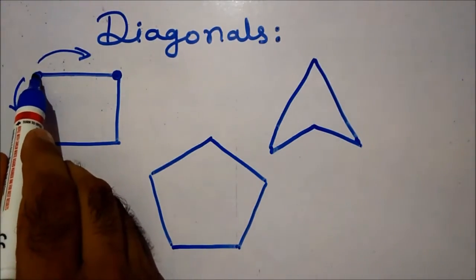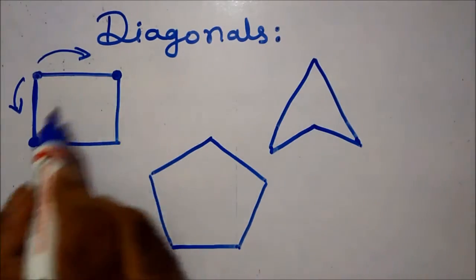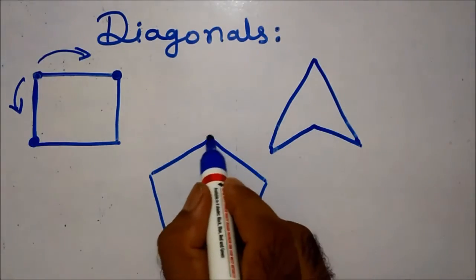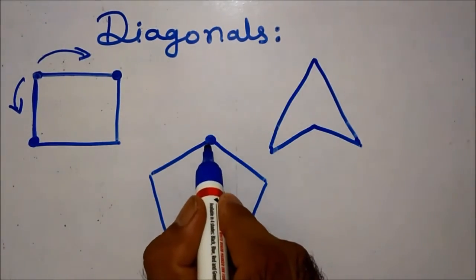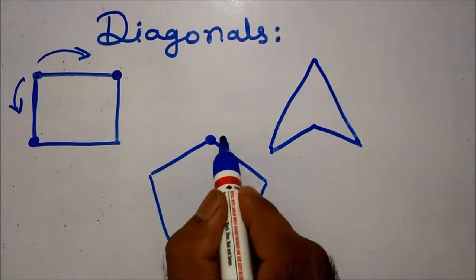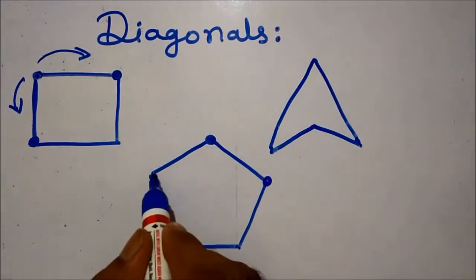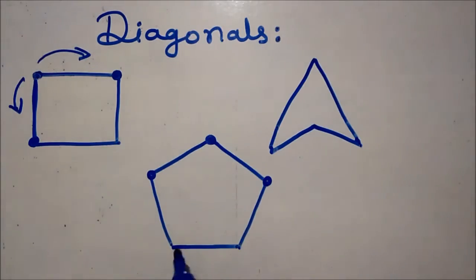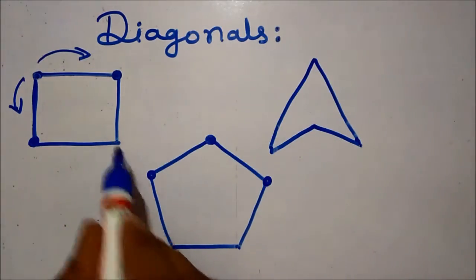So each vertex has two consecutive vertices. Here also, suppose we are concentrating on this vertex, then 1 and 2 vertices are the consecutive ones, others are not consecutive.